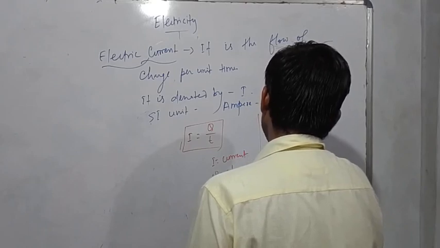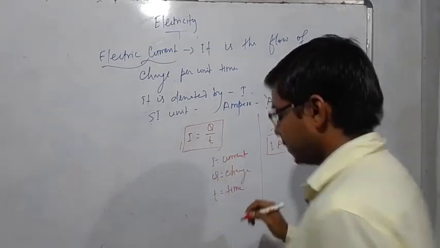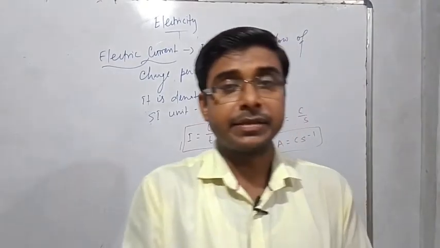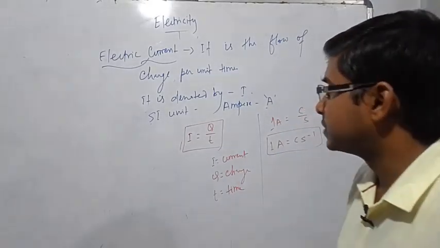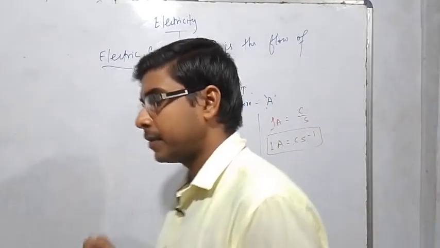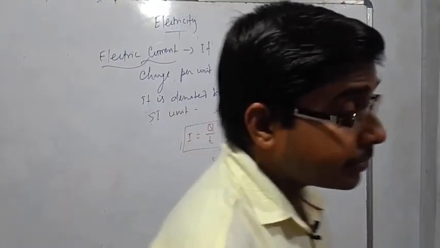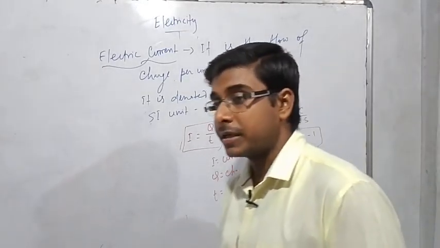That means when 1 coulomb of charge is flowing per second, 1 ampere of current is flowing through that circuit. The definition of current is the flow of charge per unit time. It is denoted by capital I, and the SI unit of current is ampere.